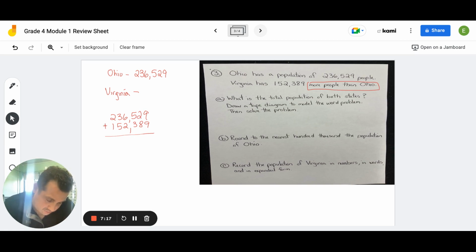Ohio has this much. Virginia has that much more. 9 and 9 is 18. 1 and 2 is 3. 3 and 8 is 11. 1 and 5 is 6, and 3 is 9. 6 and 2 is 8. 5 and 3 is 8. 2 and 1 is 3. 388,918. I'm going to put that here.